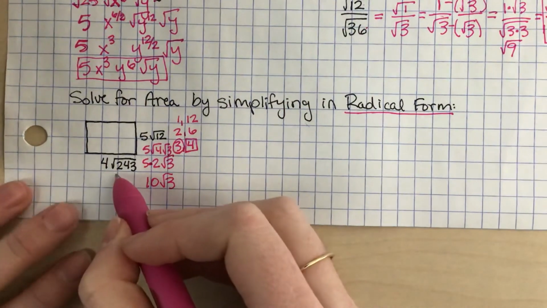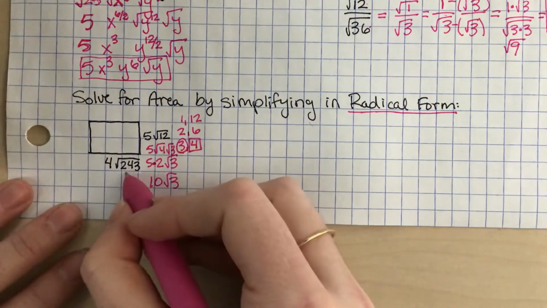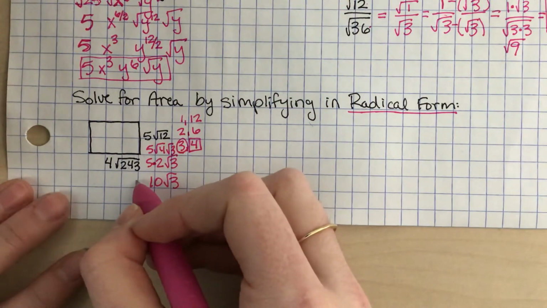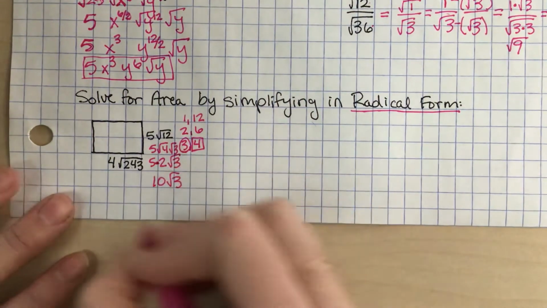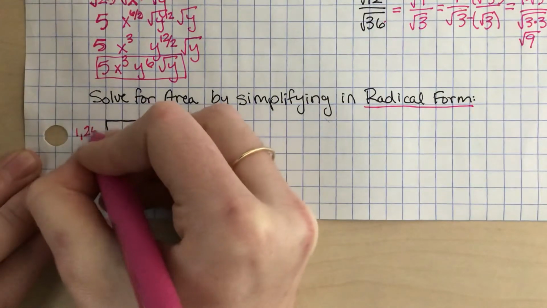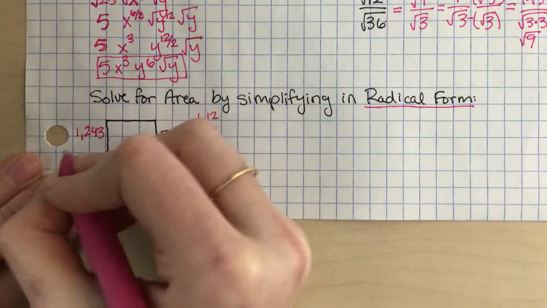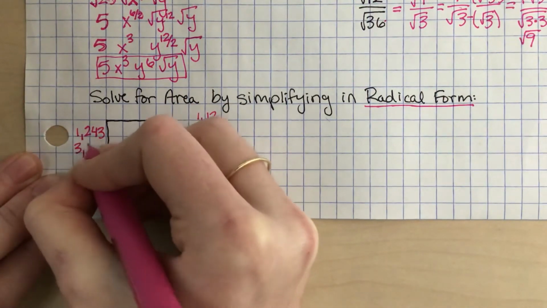Now for the other side, 243 is a little bit of a larger number. However, it is a trickier looking number than it actually is. So if we list the factors for 243, we have 1 and 243. 2 doesn't work because it's not an even number. However, 3 does. It's 3 and 81.